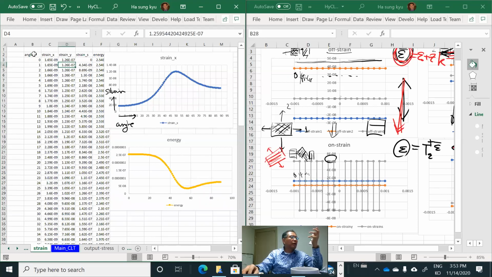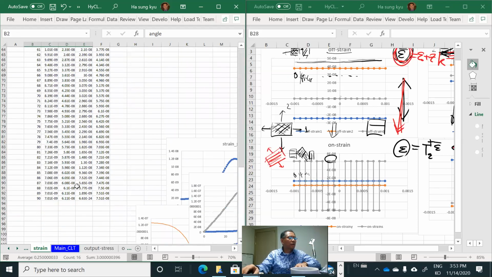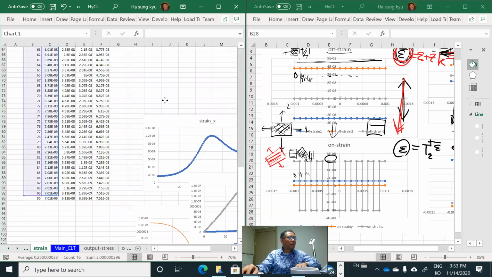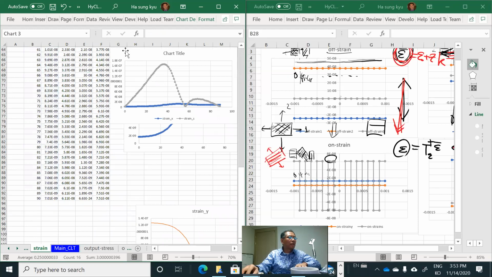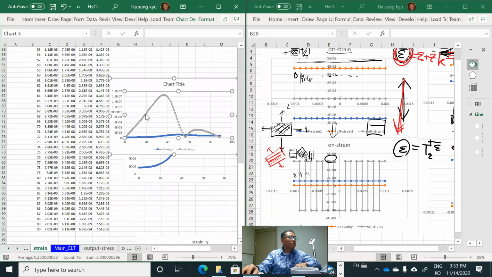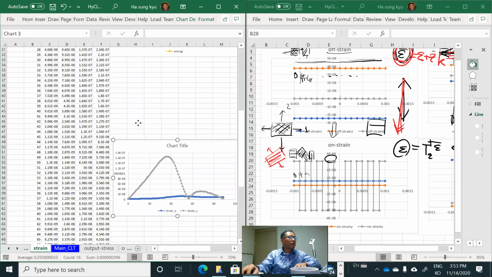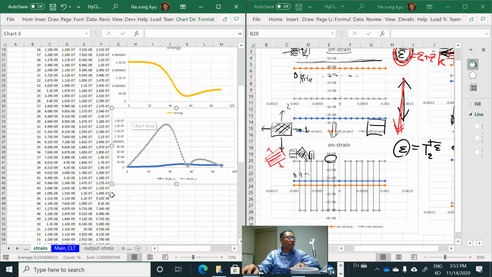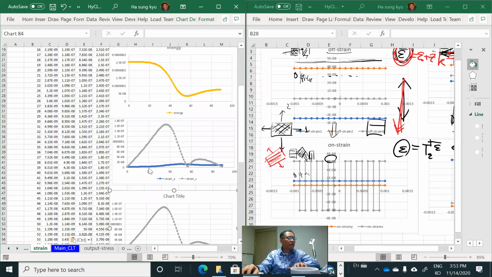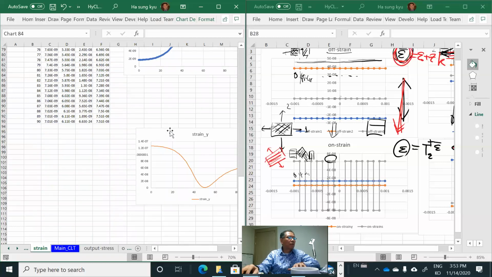And others, I'm going to replot. We have this. Okay. Others like, there is no Y here. Okay, we have a Y here.